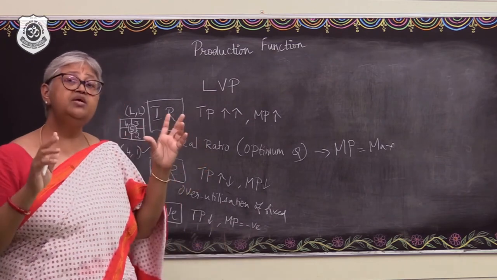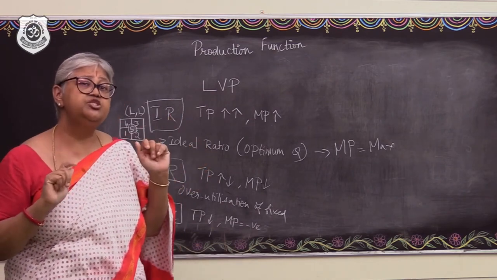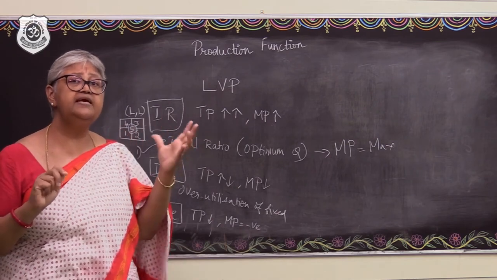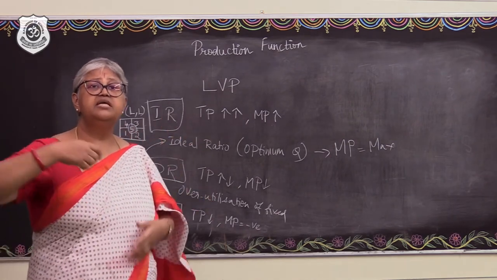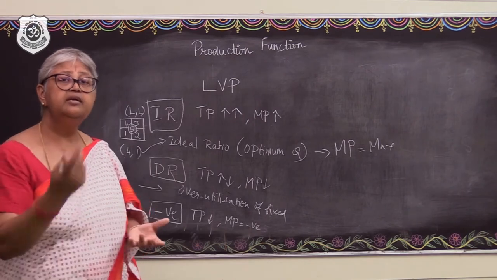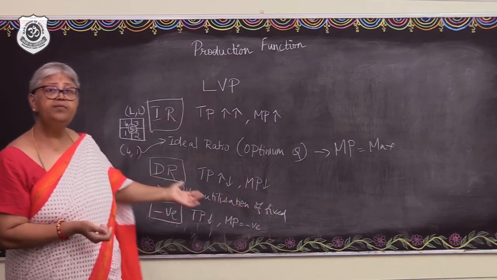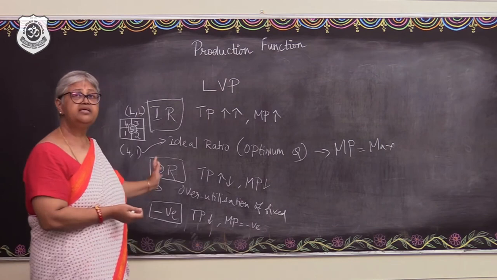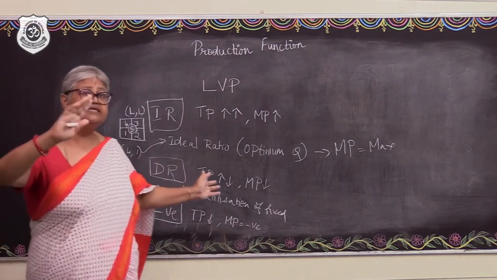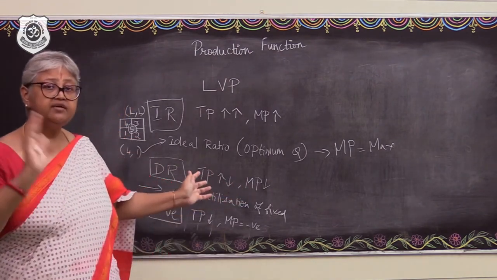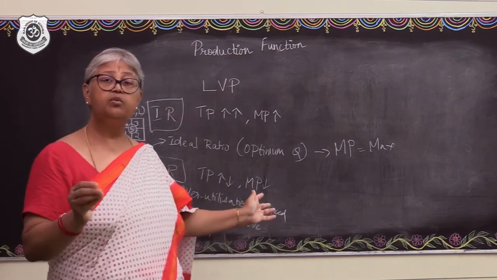Now, initially what did we see? There's going to be specialization. One farmer is going to probably take care of de-weeding, the other one is going to water the plants and so on. That's what we saw. And then four people were correctly employed. That was the ideal ratio. The fifth person does not have land, and is going to share the land with the others. So, what's happening?